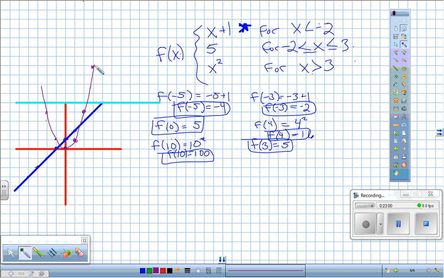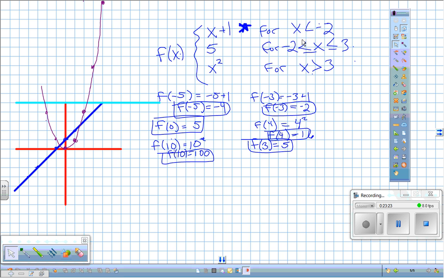That will be right there. At 4 squared, I would have 16, so that's 10, 11, 12, 13, 14, 15. That one is way at the top. So quadratics get very steep very fast. And I would have the same thing on that left side. So I basically have 3 graphs on top of each other.